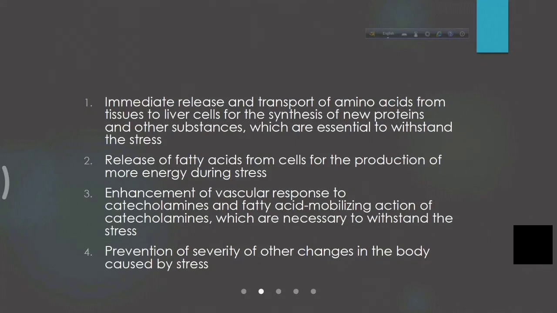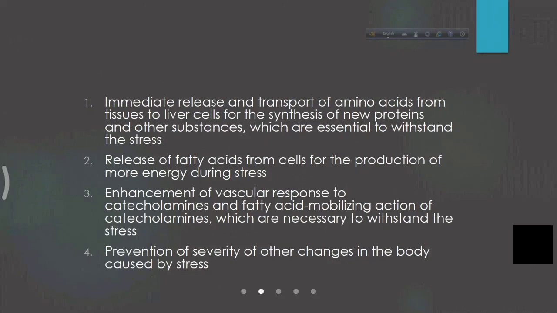So the new proteins synthesized by the liver are carried to those sites that help in isolating the infection, isolating the inflammation, or help repair the injury. So in this way, cortisol helps in relief of stress.